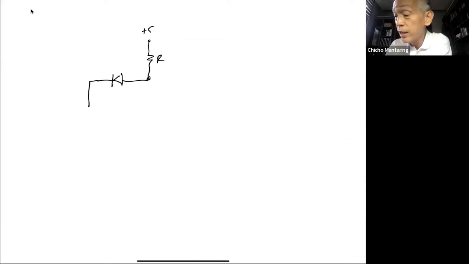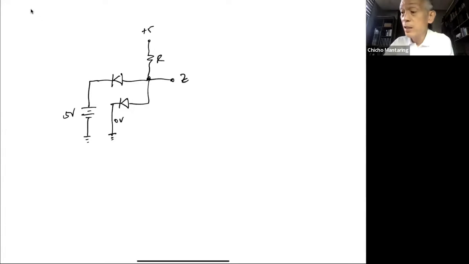Let's say this is 5, and then here, my second diode, this is 0 volts. What is my Z? So again, this point is 5 volts. So this will not have an open circuit voltage greater than 0.7, so this will be open. On the other hand, this is 5 volts and this is 0. The open circuit voltage across this will be greater than 0.7.